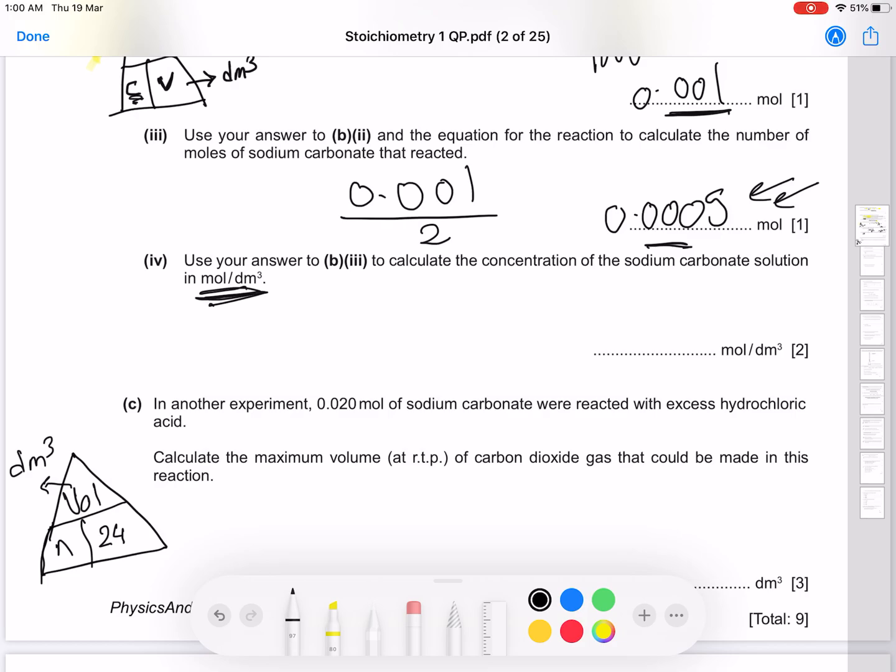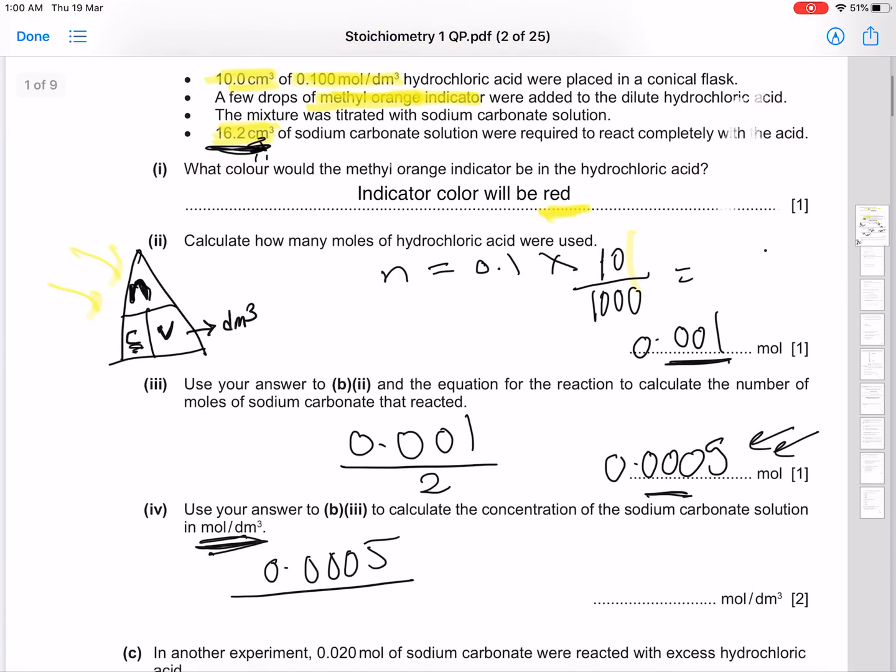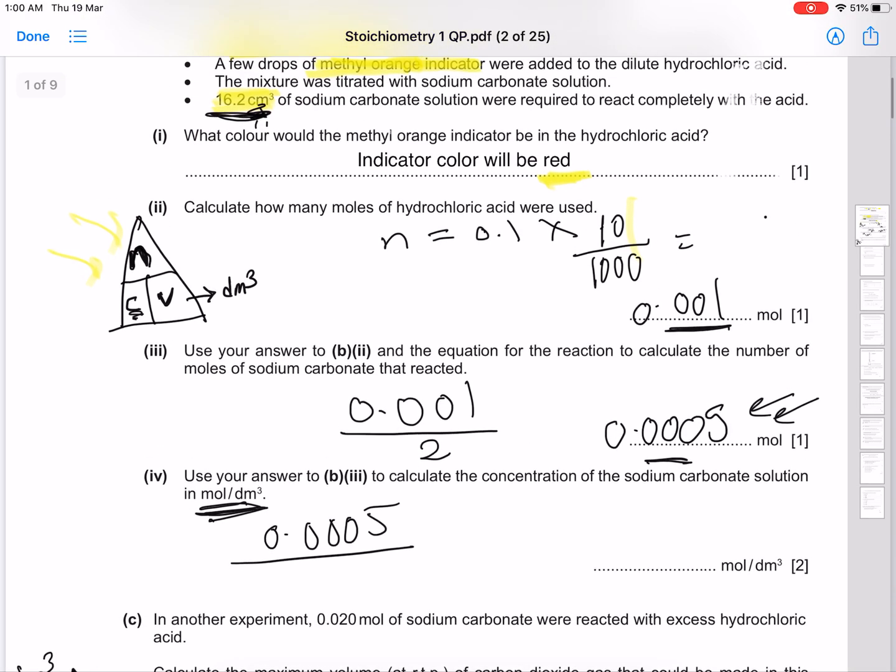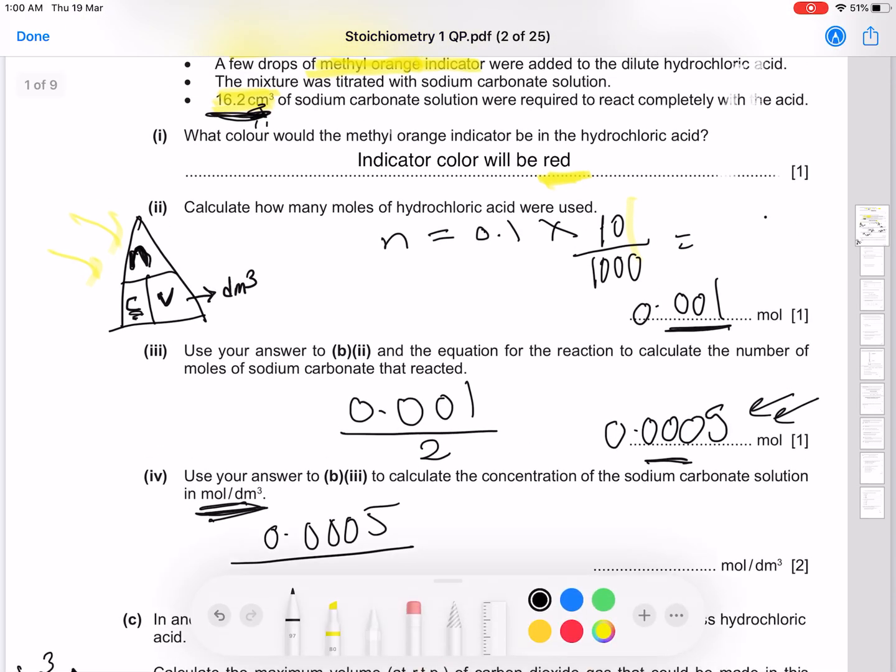Let's divide the number of moles, which is 0.0005, by the volume. Now the volume, just let me check again how much it was. After dividing by 1000, it's gonna be 0.0162, and then let's do the math.